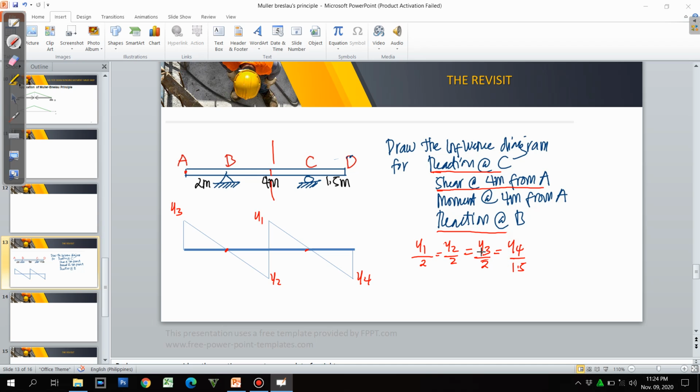So basically y1, y2, and y3 are of equal values.